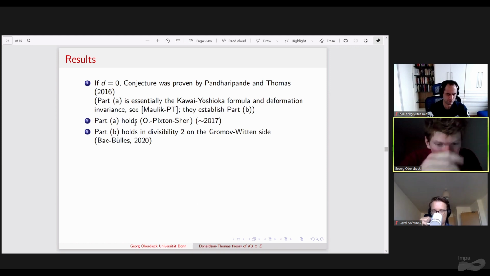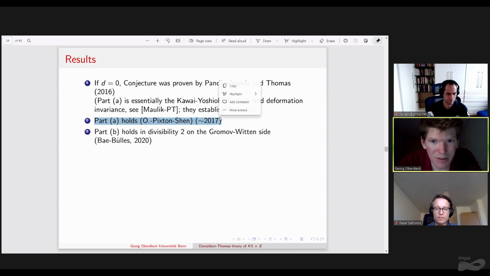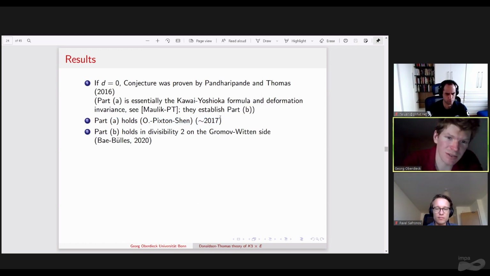If you look at the general case, what can you say? Part A holds by the earlier work that I mentioned, together with Aaron Pixton and Junyan Sheng from a few years ago. This solves the primitive case in full generality. And part B was recently established on a Gromov-Witten side in divisibility 2, so they prove a sort of multiple cover formula for the Gromov-Witten theory of K3 surfaces.